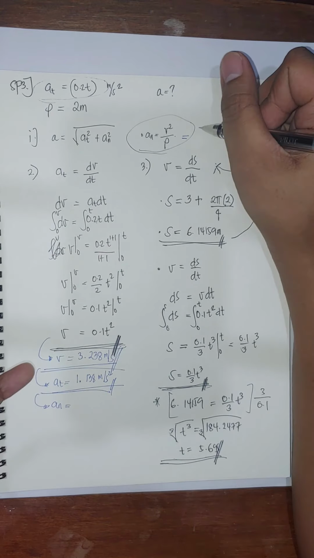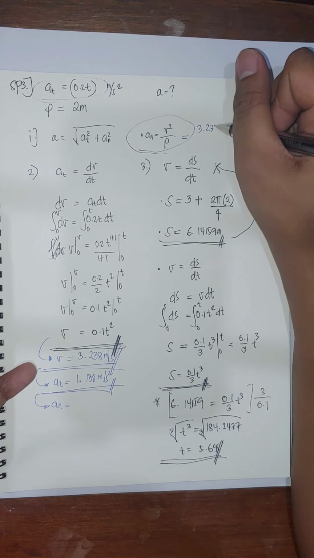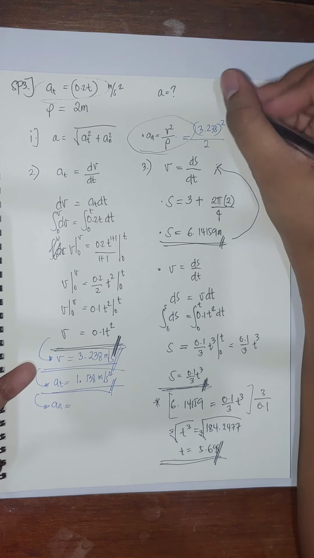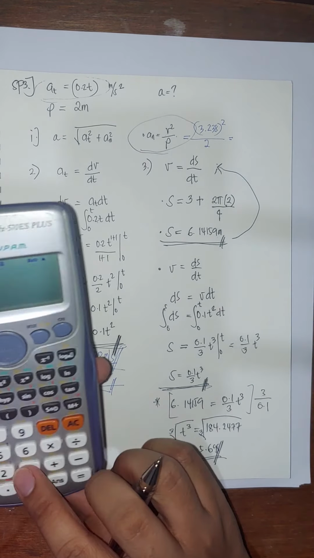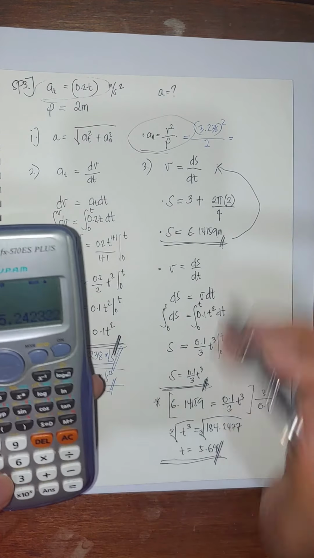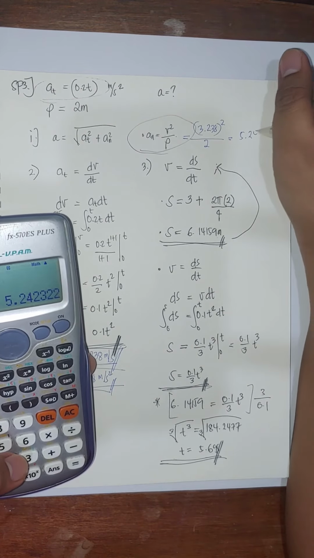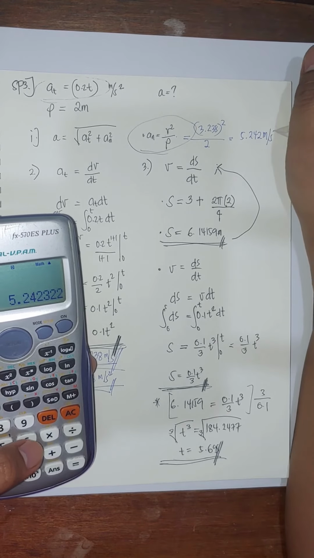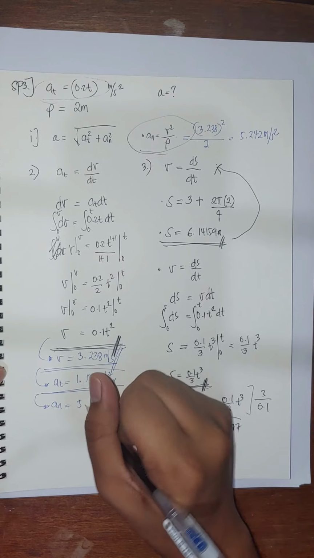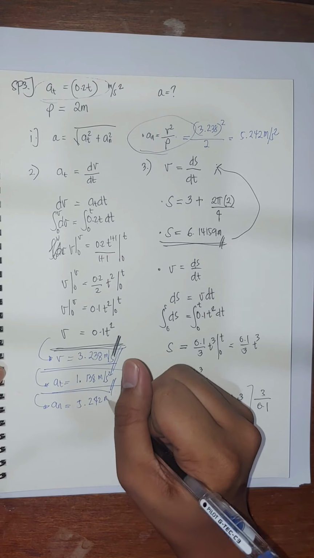The velocity is 3.238, squared, over rho, which is 2 meters. We have the normal acceleration equal to 5.242 meters per second squared.